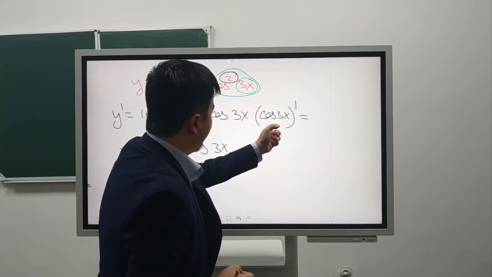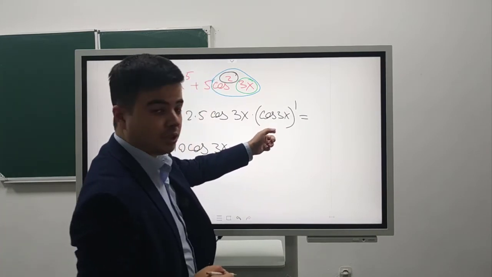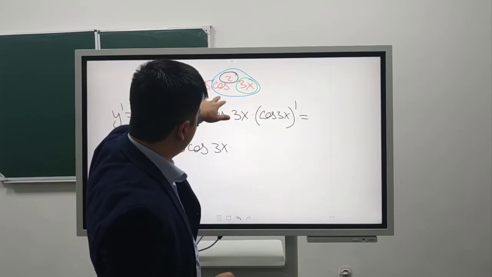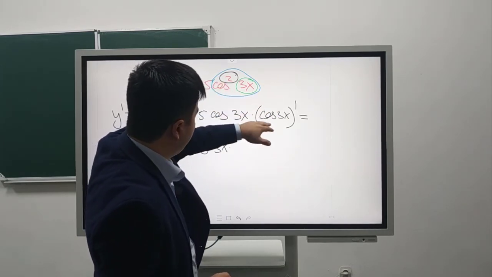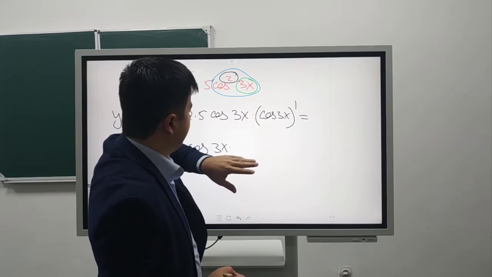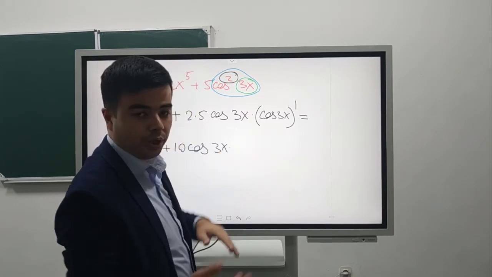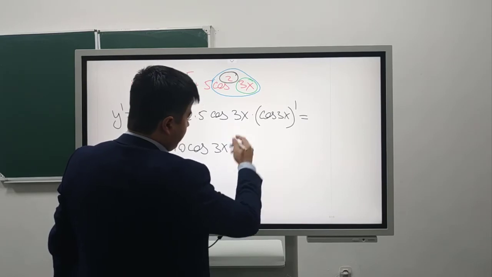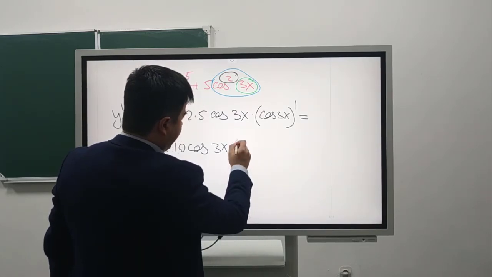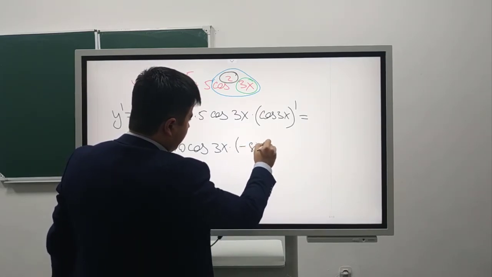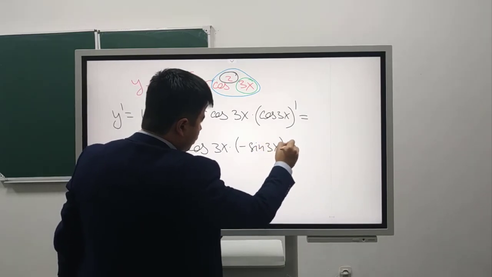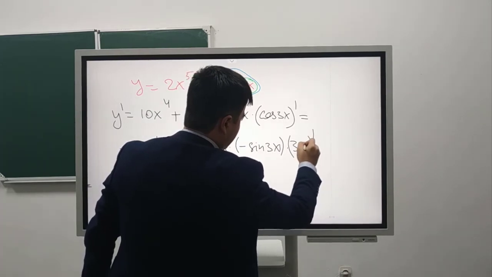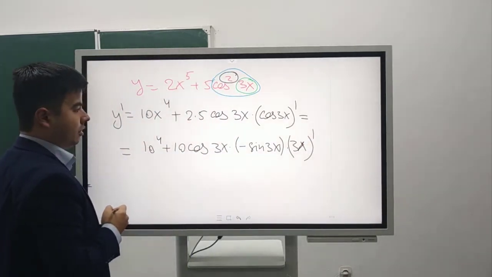And now when we find the derivative of cosine 3x, here we have again these two functions, the blue one and the green one, cosine x and 3x. The derivative of cosine is minus sine 3x, times the derivative of 3x. Clear?